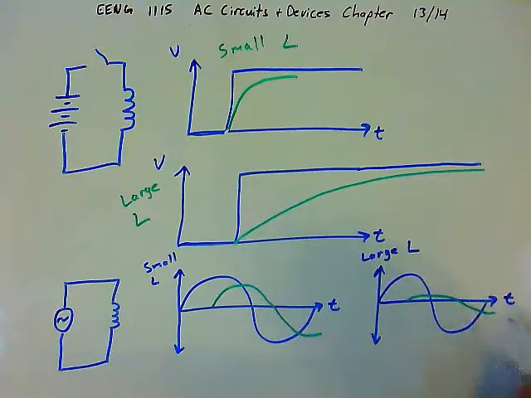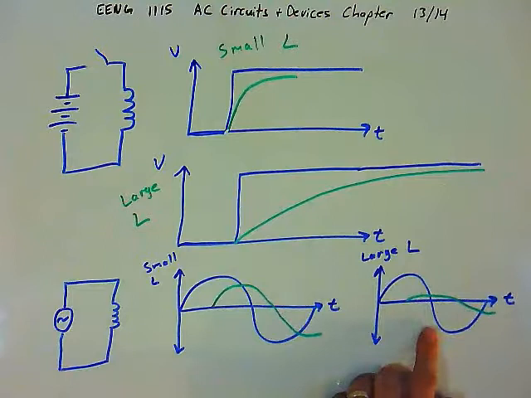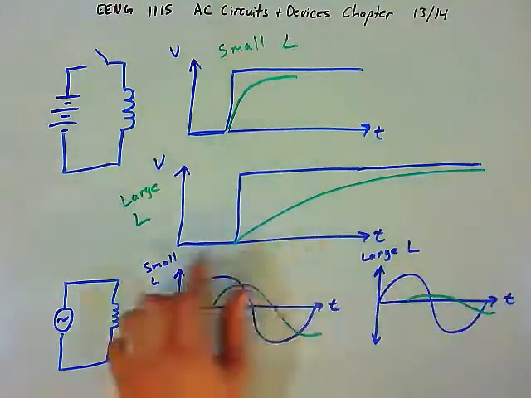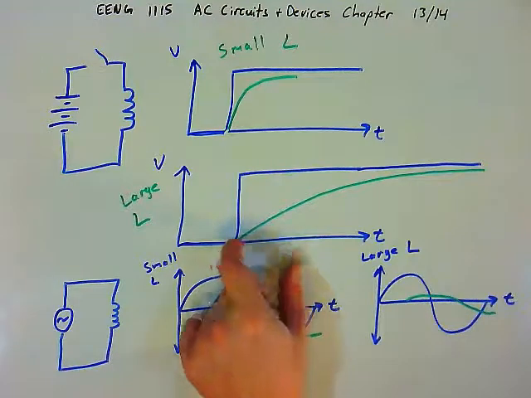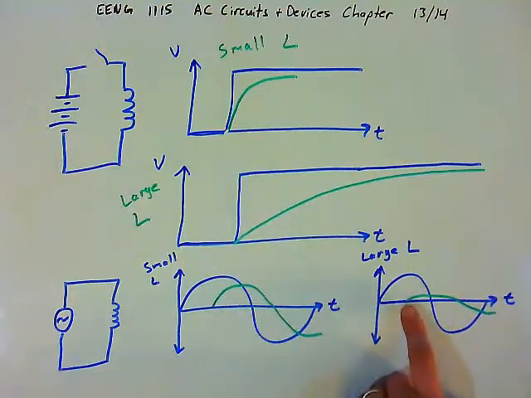It takes a long time for the current to change. So when the inductance is small in an AC circuit, the current rises relatively rapidly. And when the inductance is large, it takes a long time for the current to rise, right? After a significant amount of time, we only saw a small rise in the current here. In an AC circuit, we're only going to see a very small rise in the current.